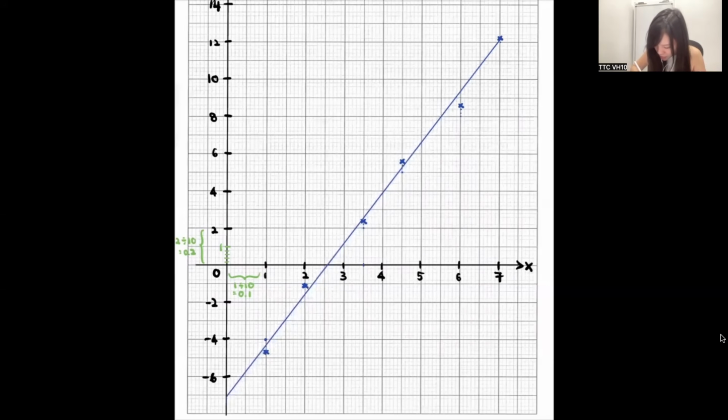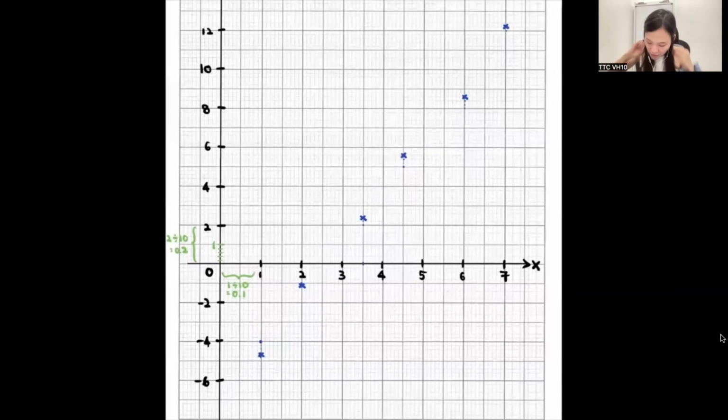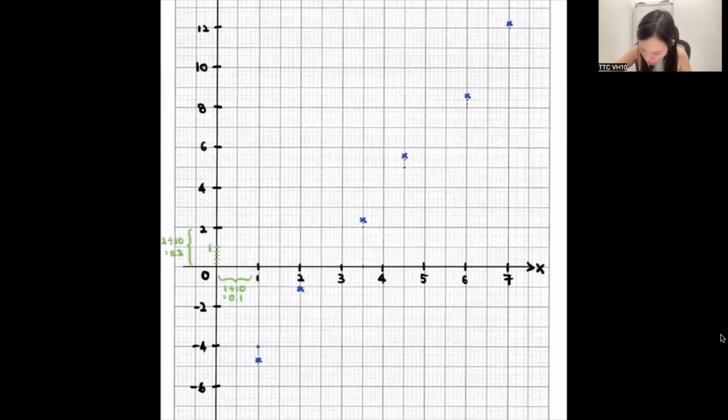So I would rather touch... What happened to my line? Wait, okay. This is how it should look like, guys. Is it like that? Wait, I make it bigger a bit, guys. I can't really see it. I try to touch the best points.